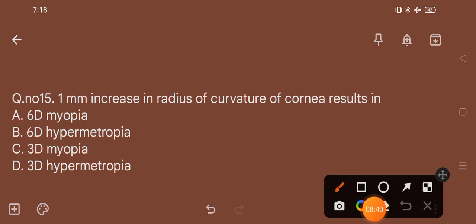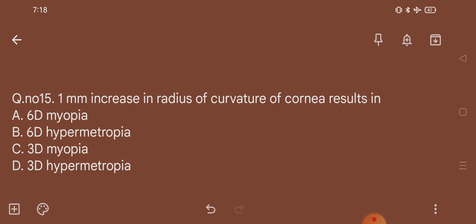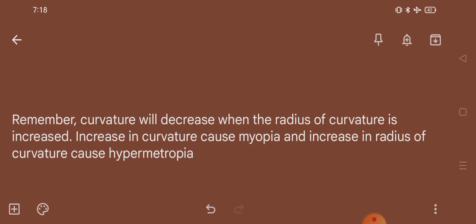So a 1 mm increase in radius of curvature of cornea results in 6 diopter of hypermetropia. So option B is the correct answer. Remember that curvature will decrease when the radius of curvature is increased. Increase in curvature causes myopia.